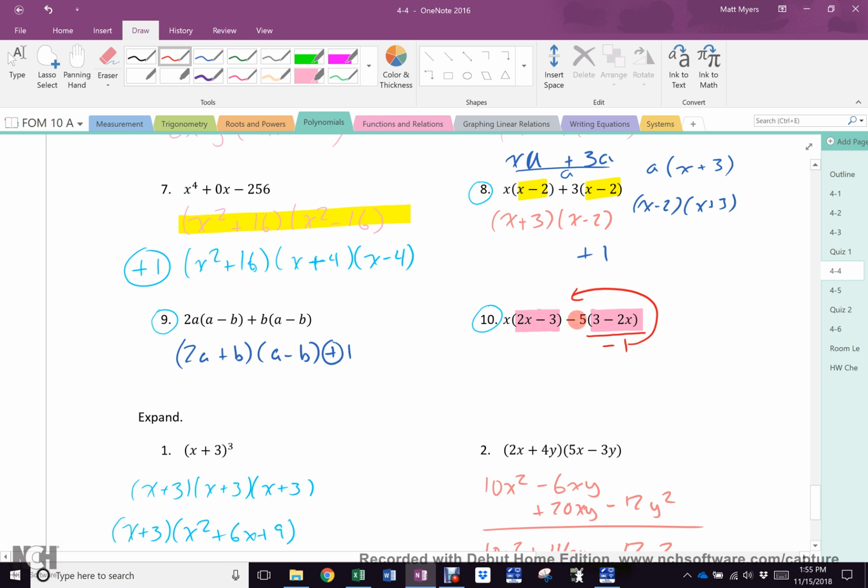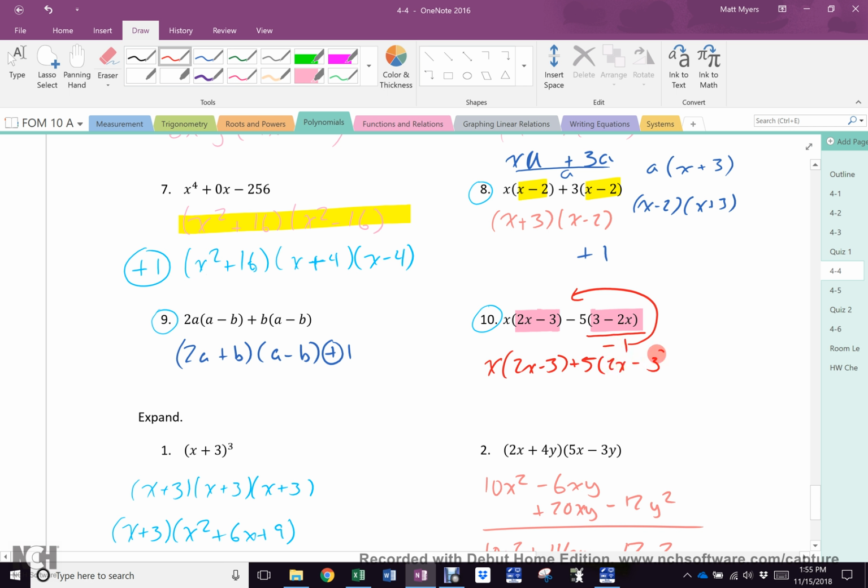What's already out there? What happens when negative 1 bumps into negative 5? What do I get? I get positive 5. 2x minus 3 plus 5. And what will this 3 become when I divide it by negative 1? Negative 3. And what will this negative 2x become when I divide it by negative 1?